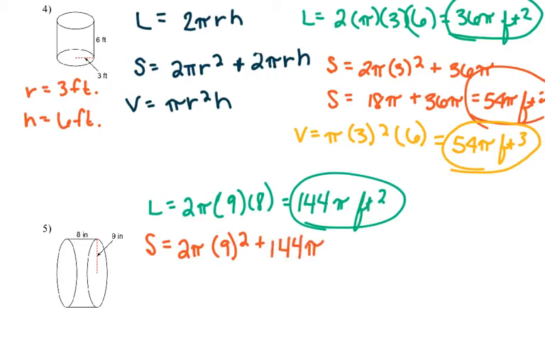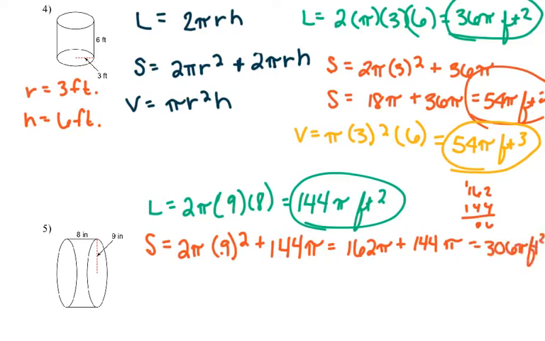So again, 9 squared is 81, and 81 times 2 is 162 pi, plus 144 pi is, what was that, 306? Let's do it old school. Yep, 306. So 306 pi square feet.